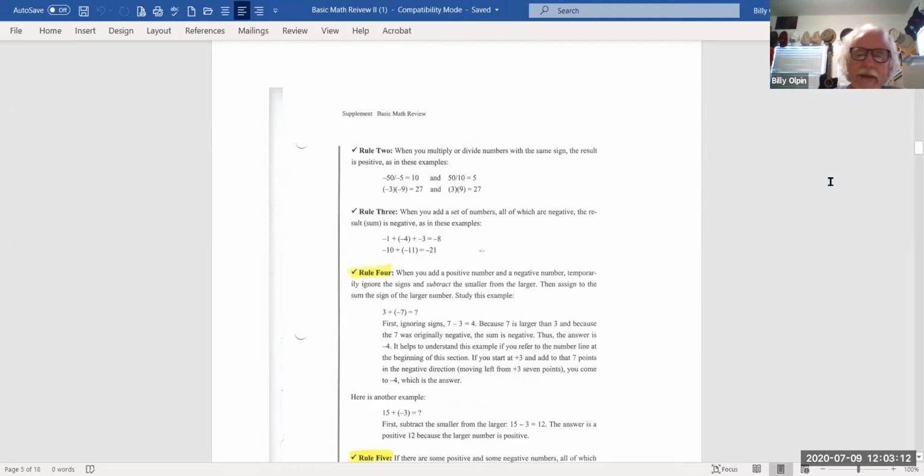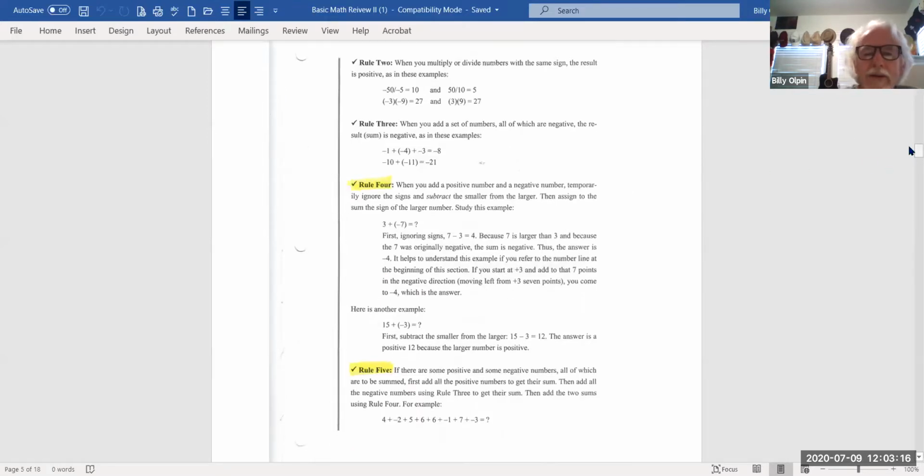When you add numbers, if the same sign, so if you add a group of negative numbers, the answer is negative, right? The sum is always negative. If you're adding a positive and a negative number, the best thing to do is switch it to a subtraction problem.